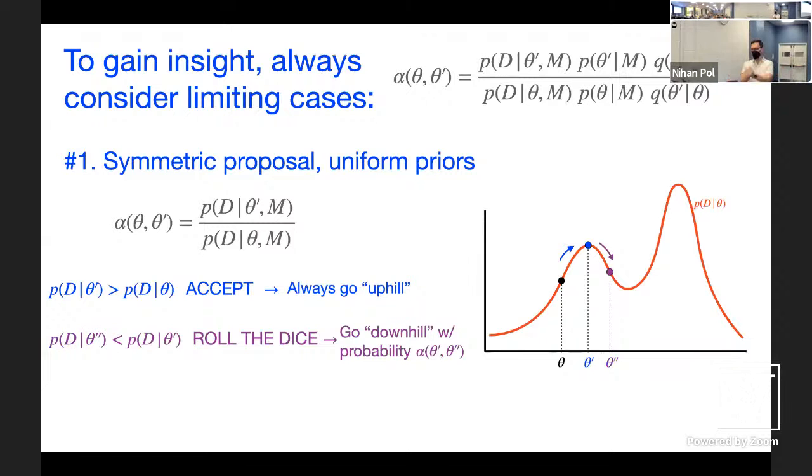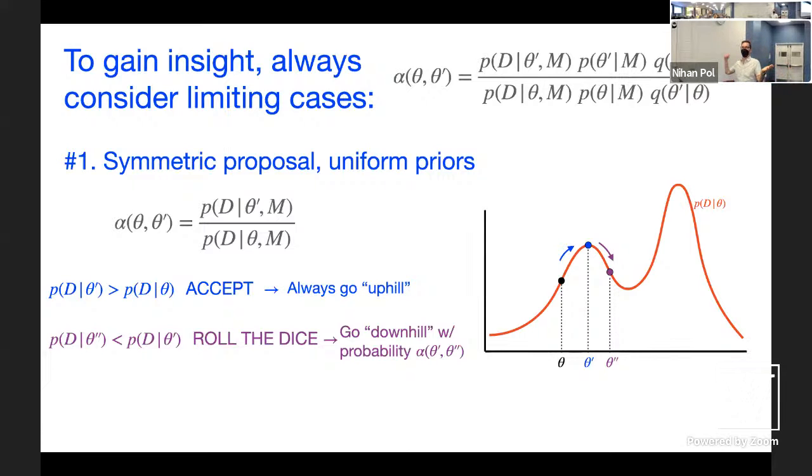However, if my next move is at theta double prime, which is downhill, then I might go. I might not go. This ratio is going to be a number somewhere between 0 and 1. And so that encodes the probability of me accepting that. So usually the way you do it is you calculate this Hastings ratio thingy. You get a number somewhere between 0 and 1.